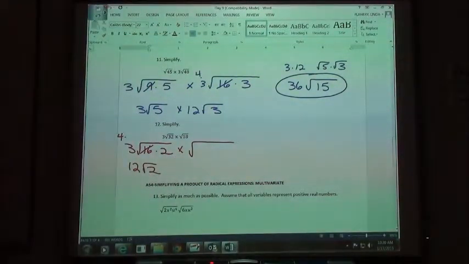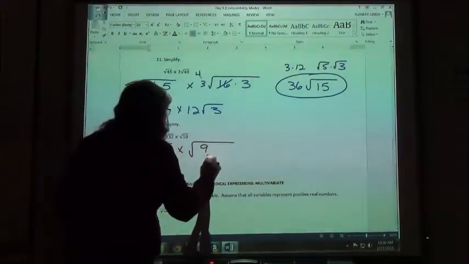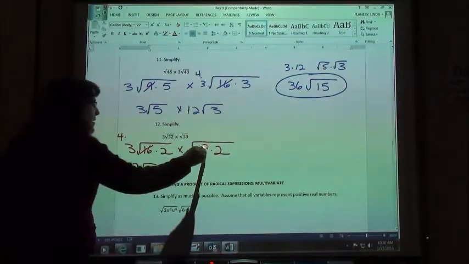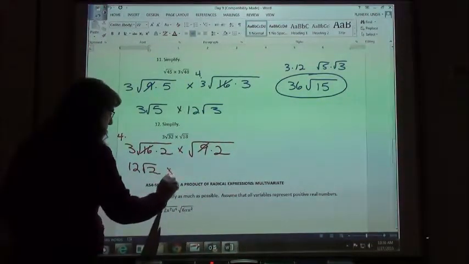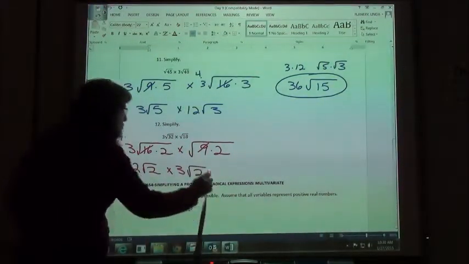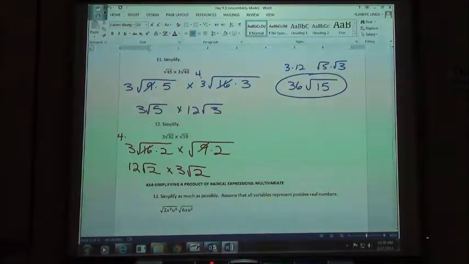Square root of 18. 18 can be factored into 9 times 2. The square root of 9 is 3, so we get 3, square root of 2. So now when we multiply them, what are we going to do?